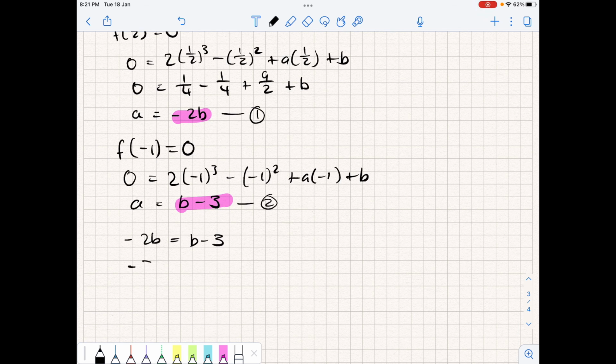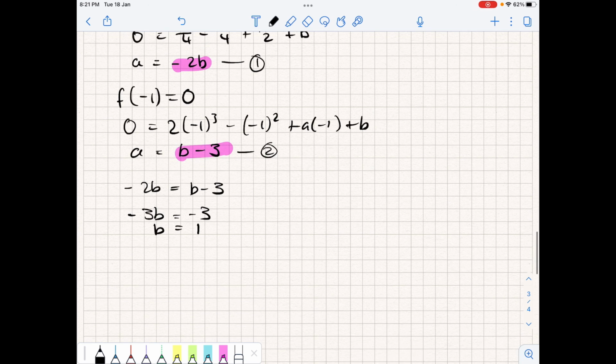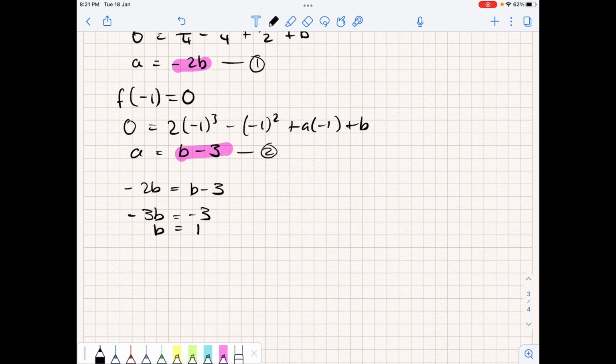That means that minus 3b must be equal to minus 3, and b must be equal to 1. And we can use either of the two equations to solve for a. a is equal to b minus 3. Therefore, a is equal to 1 minus 3, which is equal to minus 2. So we've solved for both a and b.